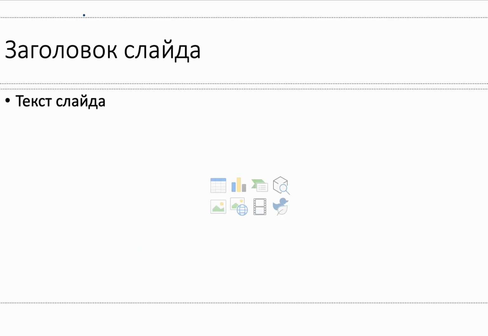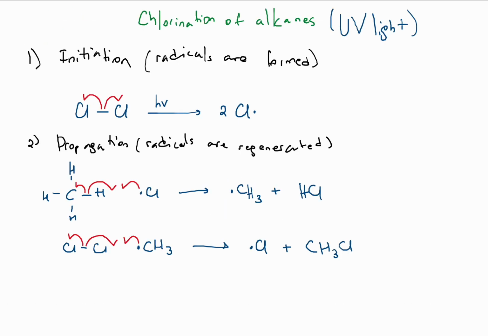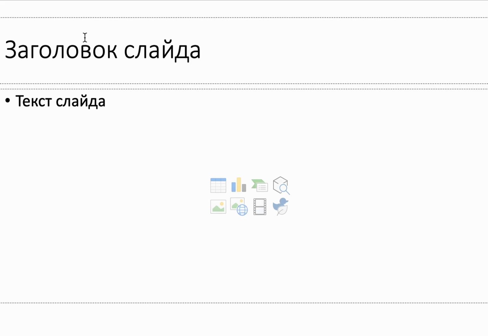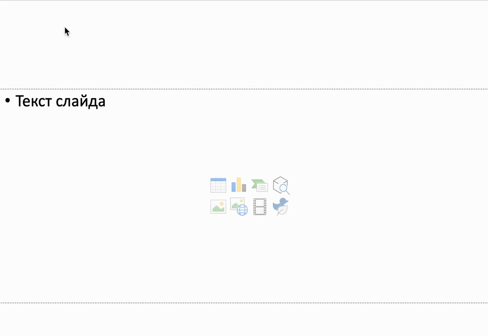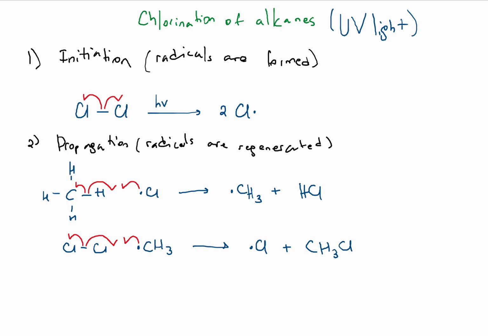After propagation, we have termination. You can see that radicals are used up.